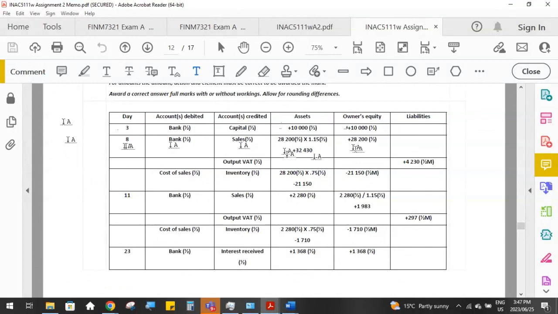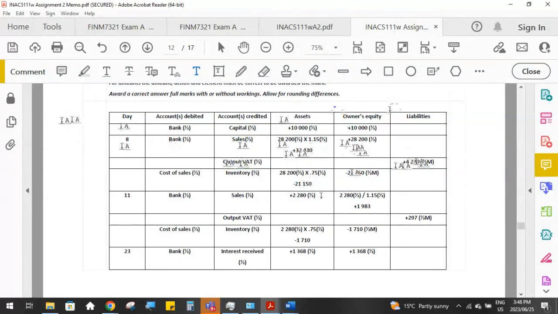So bank increases by the full amount of the sale. Owner's equity increases by the amount excluding VAT. And then you also have to remember to put your output VAT under accounts credited, output VAT, with the VAT amount under the liabilities column, plus 4230. So remember the right-hand side and left-hand side of our accounting equation, assets equals owner's equity plus liability.